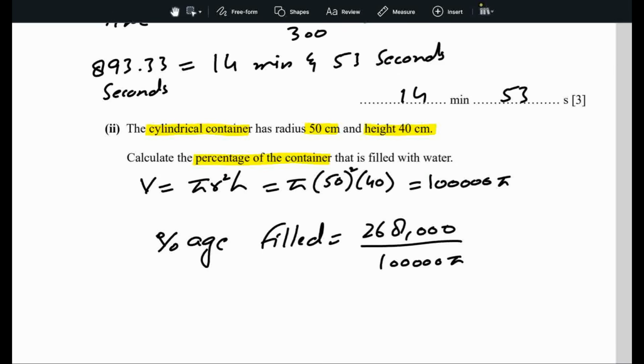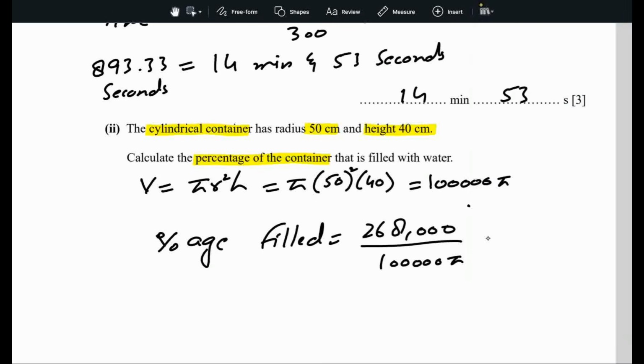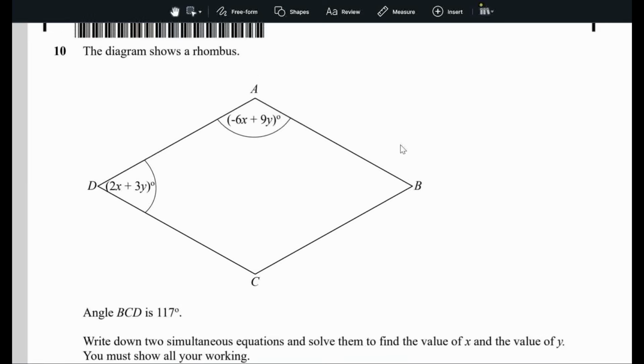So we can simplify it using the calculator. So 268,000 divided by the previous answer, it will be 0.853. So multiply by 100. So this will be equals to 85.3. So this will be the final answer. Let's move to question number 10.